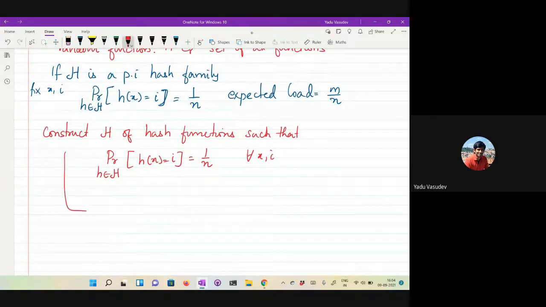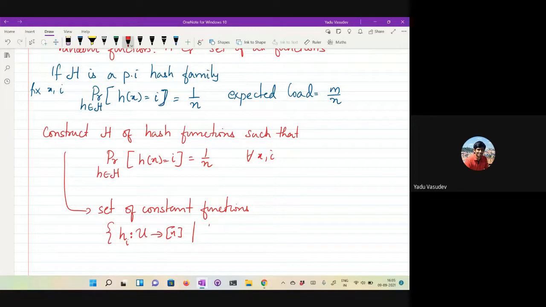So if you take the set of constant functions, which is basically the set of all h_i from U to [n], where h_i of x is equal to i for every x in U, there are n such functions.